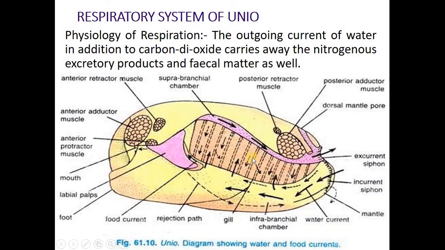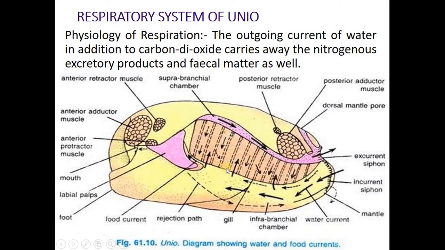Now in the gills there is exchange of gases, and the gills take up the oxygen and release the carbon dioxide. Now carbon dioxide along with the water moves through the suprabranchial chamber, and along the suprabranchial chamber this carbon dioxide along with the water moves outside through the excurrent siphon.